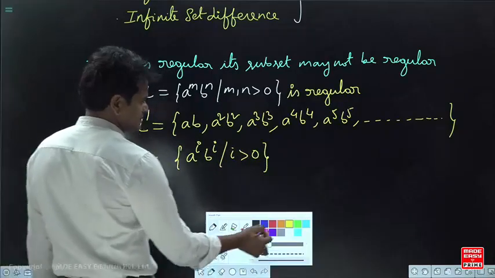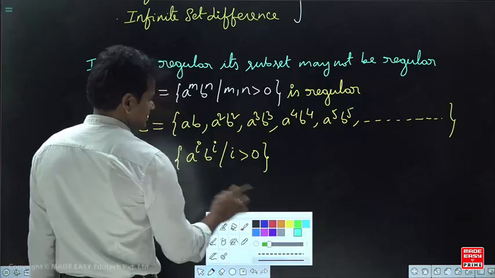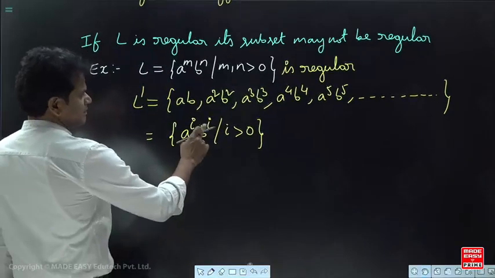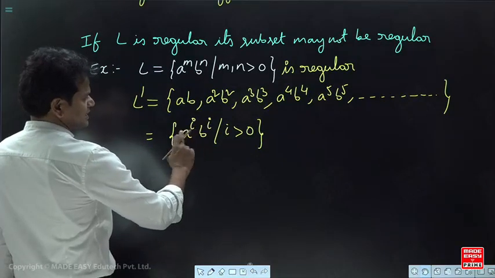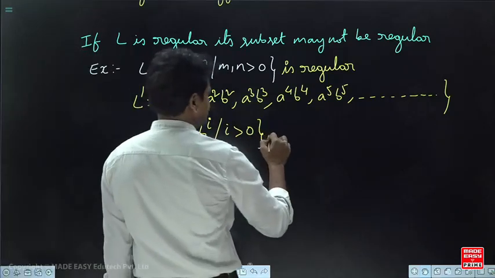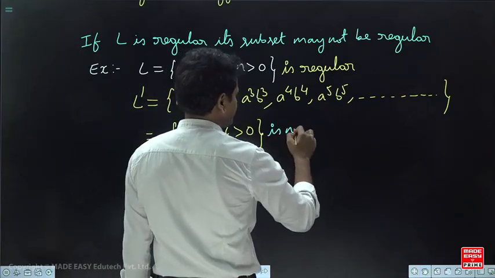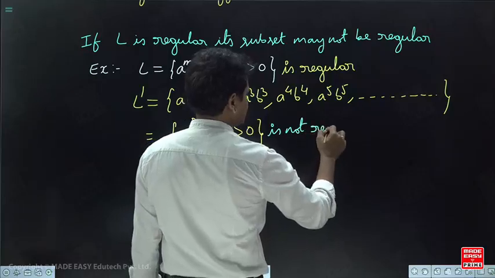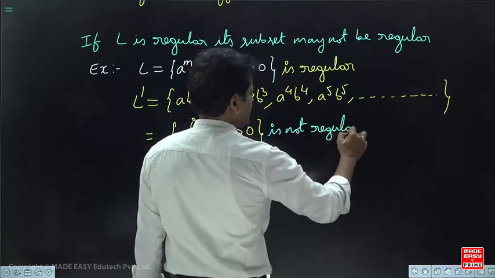Okay guys, now tell me, is this regular or not regular? There is a comparison, a relation: A and B counts are equal, and the relation is infinite. So it is not regular. But guys, have you observed?